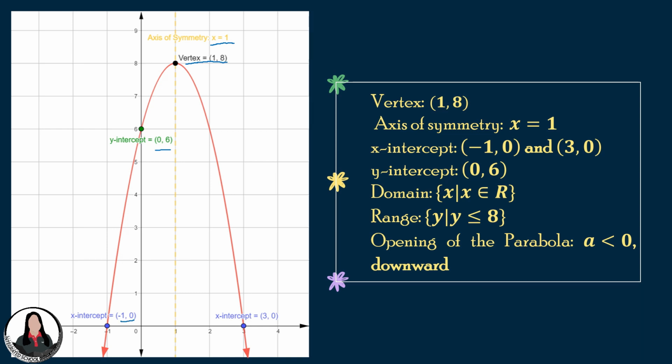We have negative 1, 0, and 3, 0. And then, we have the domain, of course, that is element of real number. X such that x is an element of real number, rather. And then, since our maximum value, rather, is 8, yung k natin, so that's why our range is y is less than or equal to 8. And the opening of the parabola opens downward.